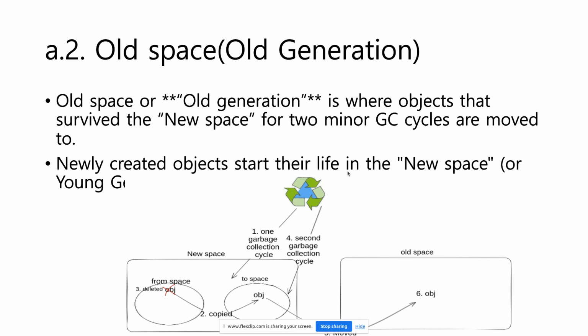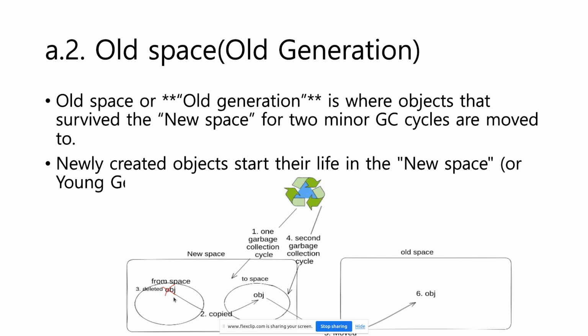So if you look at this picture, the first time there's a garbage collection cycle, the object from the from-space, the semi-space, we talked about the semi-space.